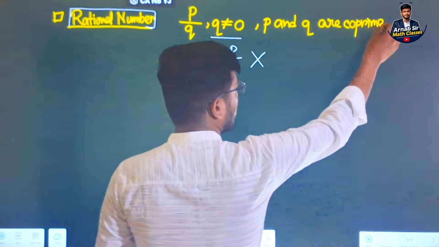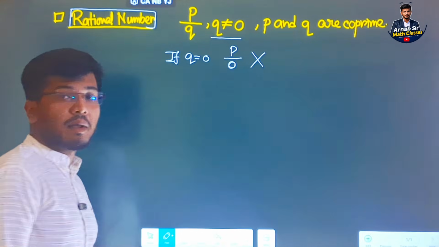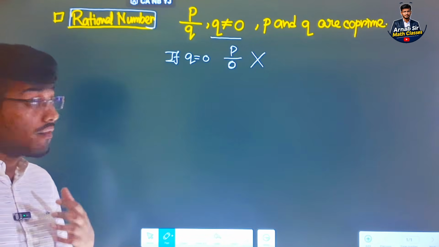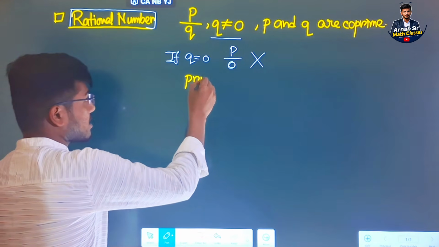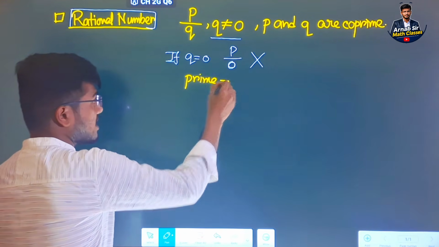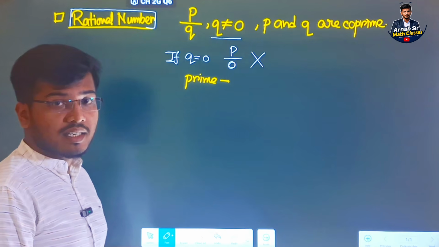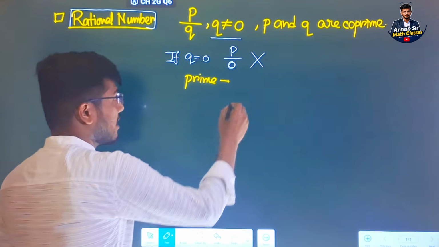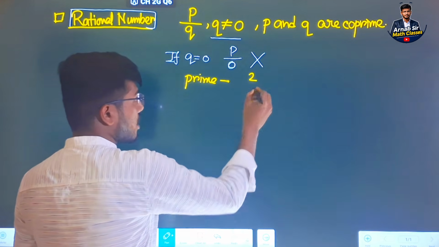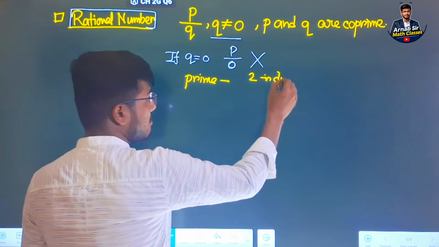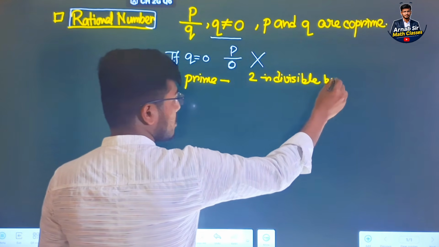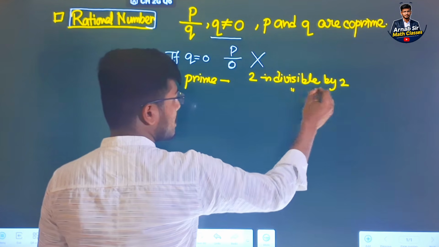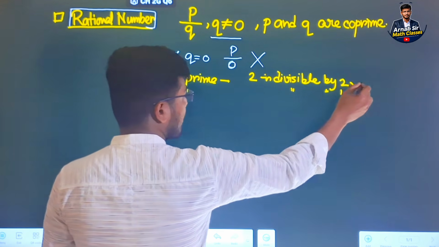Do you know the meaning of a co-prime number? First, do you know the meaning of a prime number? Prime numbers are numbers which are divisible only by themselves and 1. Suppose we take the number 2. It is divisible by 2 and also by 1, so it is a prime number.